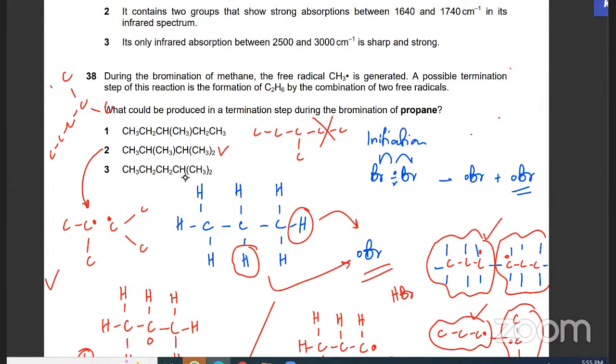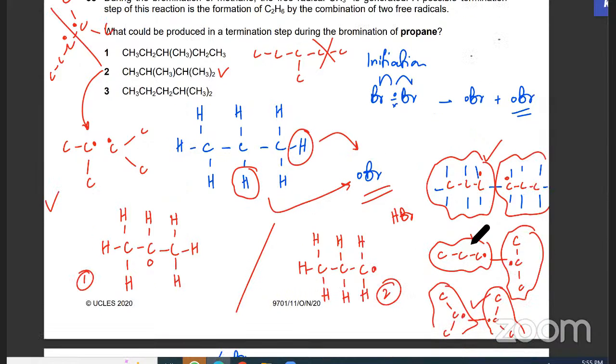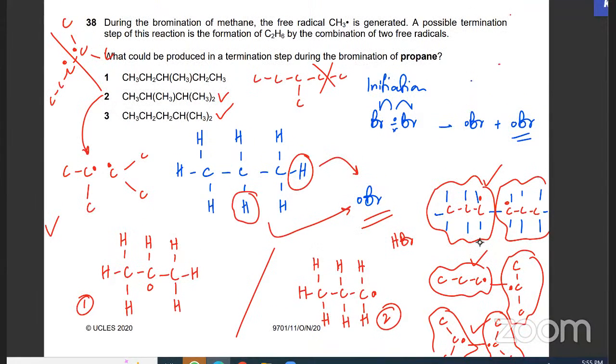So that means it's 2 propyl radicals that are joining up at this point. This one was a propyl radical. This one was also a propyl radical, and they ended up joining in the middle. So it's the one that I drew over here. So the third one is also going to be correct. That's also possible in free radical substitution. Is this question clear? Yes.